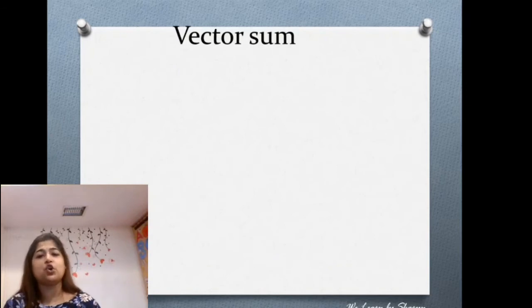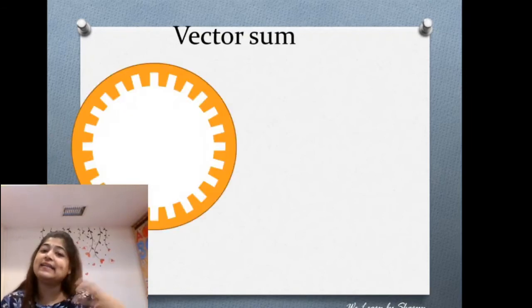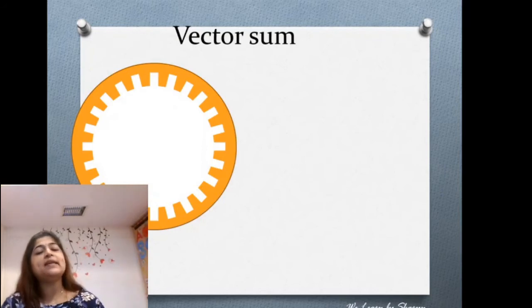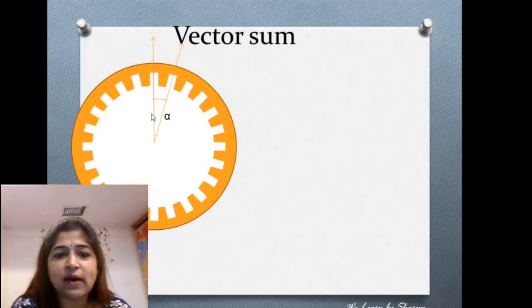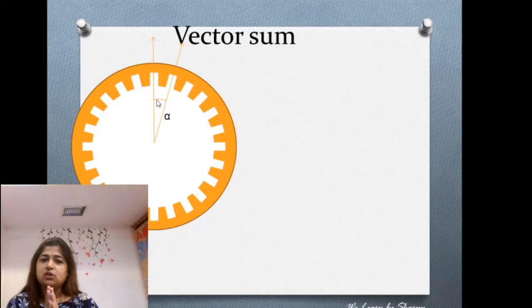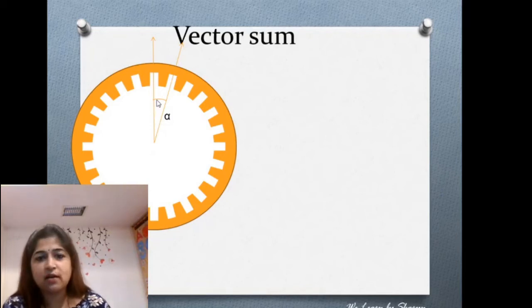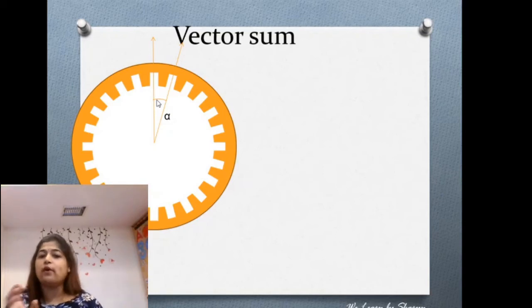If it is a short pitch coil, then we need to find out the vector sum of the two. Before understanding the vector sum, let's try to understand by what angle it gets shorted. So again, I am taking an example of a stator here, and let's say that the coil is shorted by one slot angle. The angle by which the coil is shorted is given by alpha.